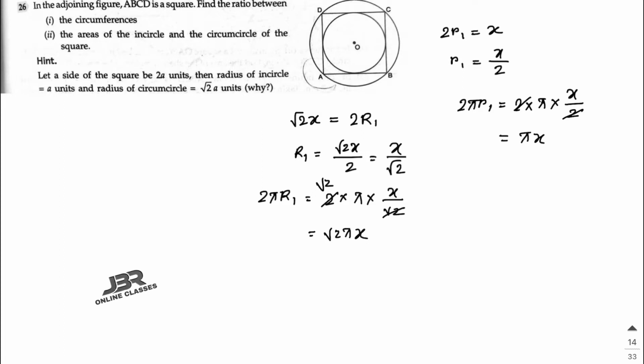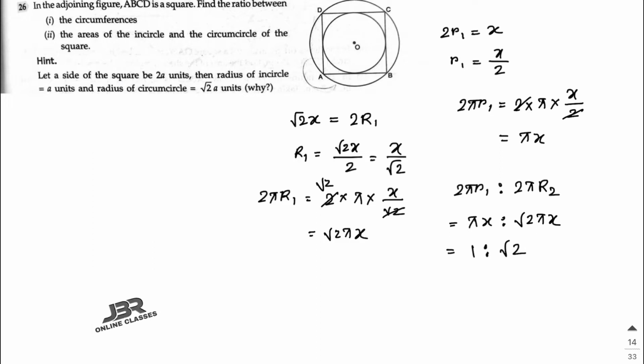So first you have to find the ratio of this one. 2 pi r1 is to 2 pi R1 equals pi x is to root 2 pi x, that means 1 is to root 2. So 1 is to root 2 is the first answer.